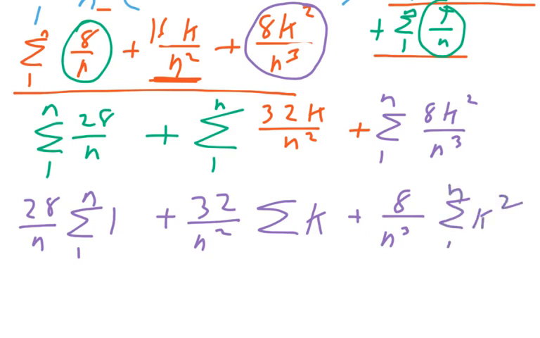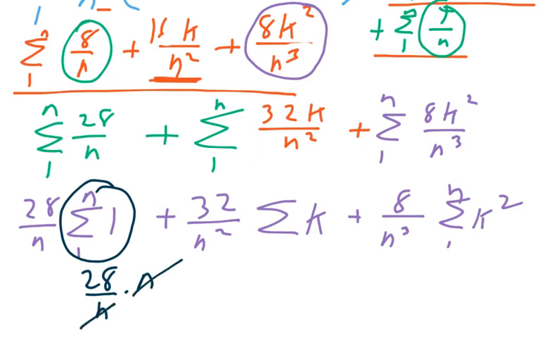Now remember, we're doing the limit as n approaches infinity, but I'm going to plug in the formulas that I put on the board. So for 1, that's just going to be n, and those cancel, and so the first part just gives me 28.